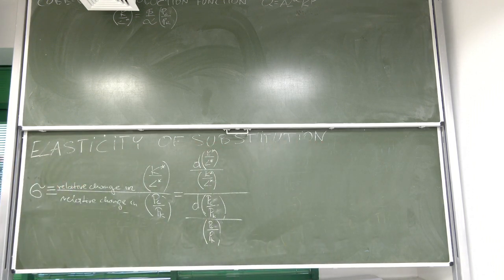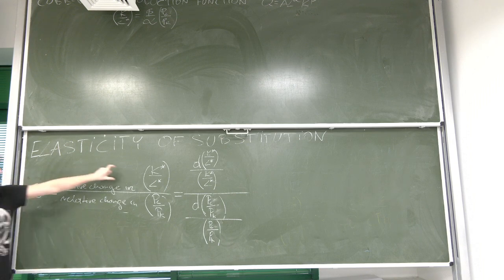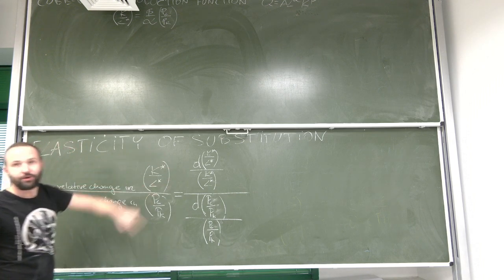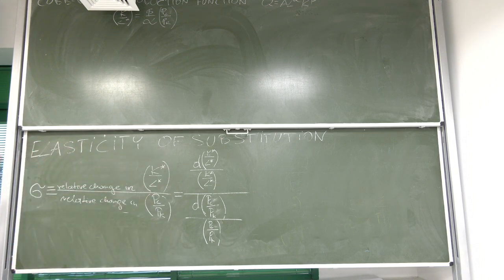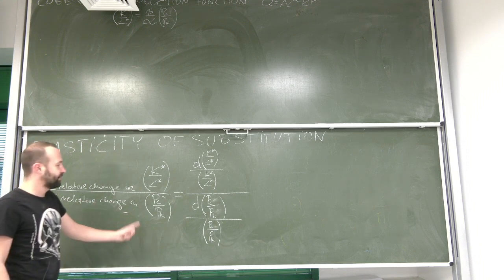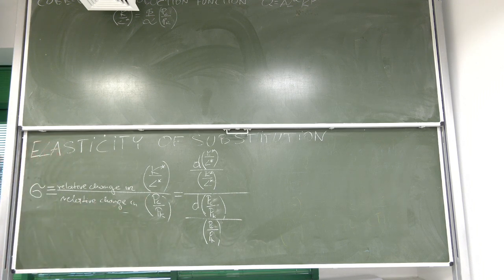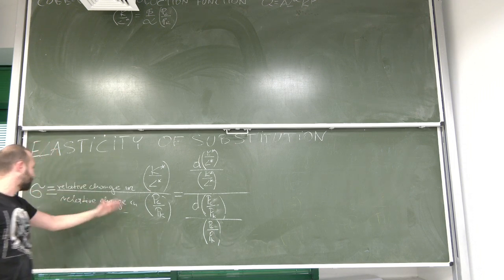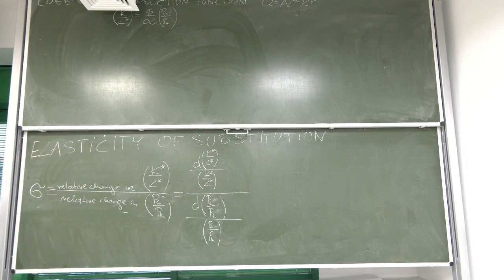We're going to denote it by lowercase sigma, and as always with elasticities, it's equal to the relative change in capital to labor ratio divided by the relative change in the price ratio, right? So we've got percentage change in capital to labor ratio divided by percentage change in the price ratio.